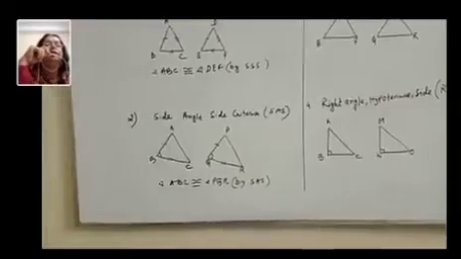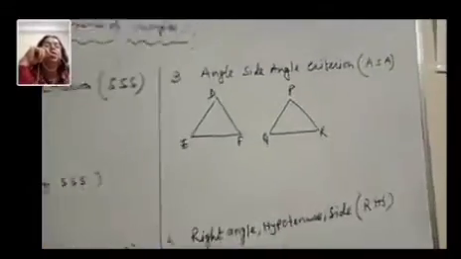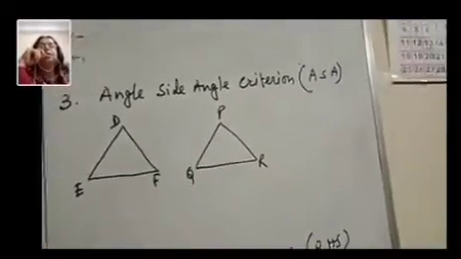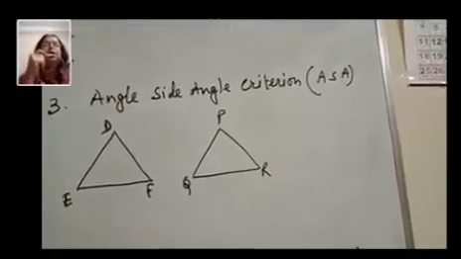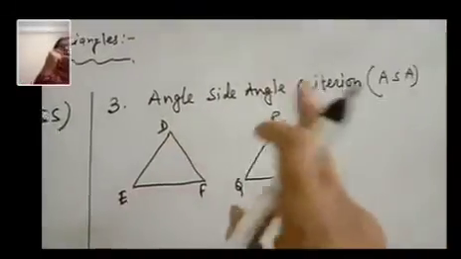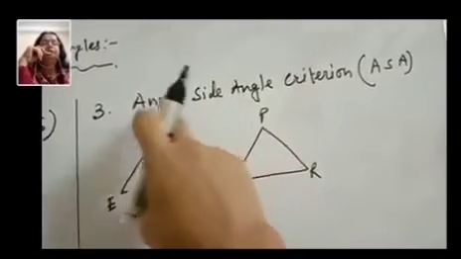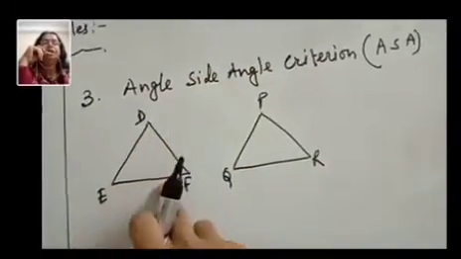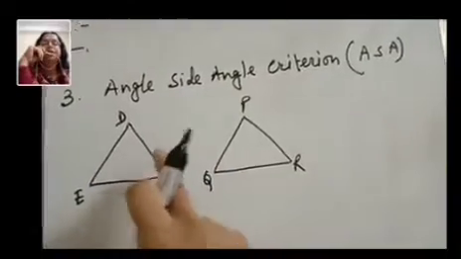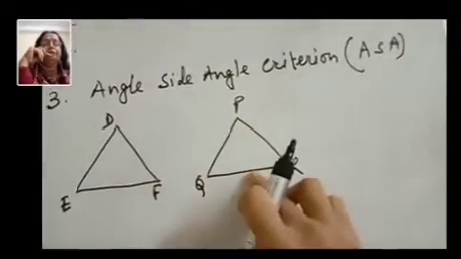Next criterion is the angle side angle criterion. In short, I can say the ASA criterion. We are taking again two triangles DEF and PQR.